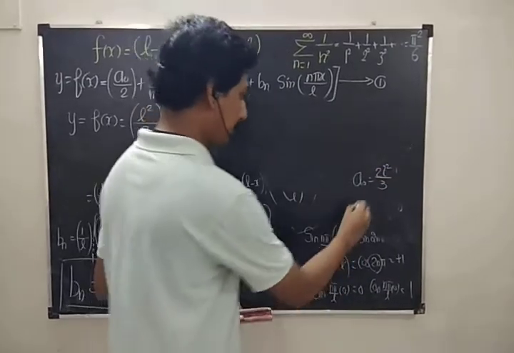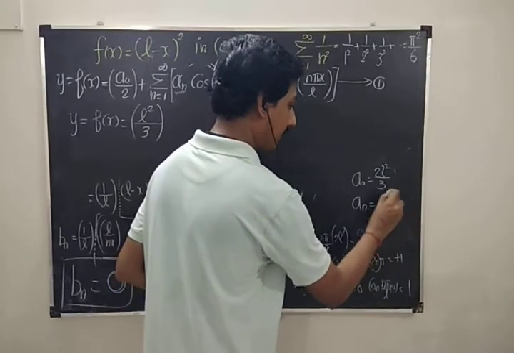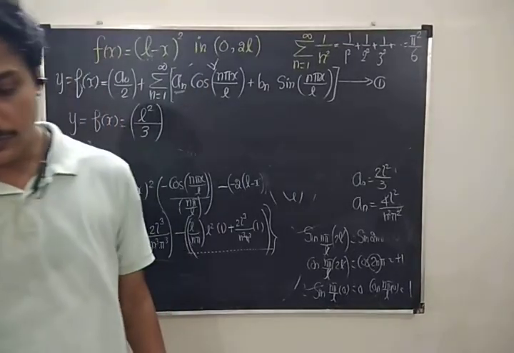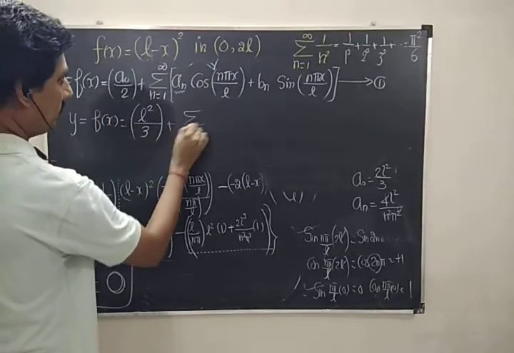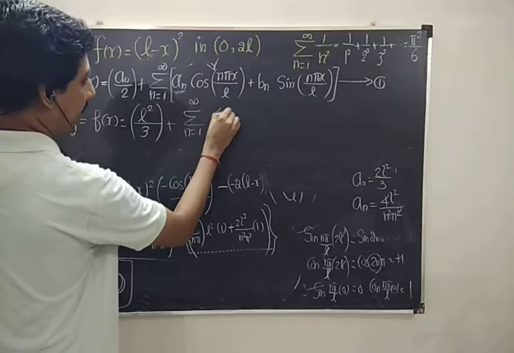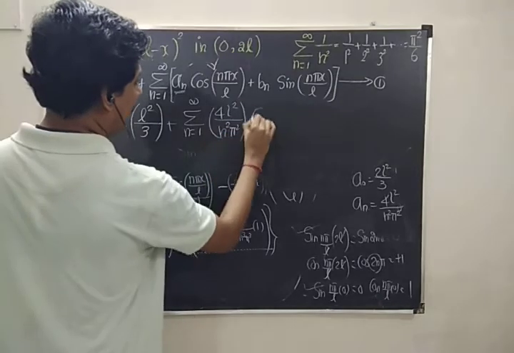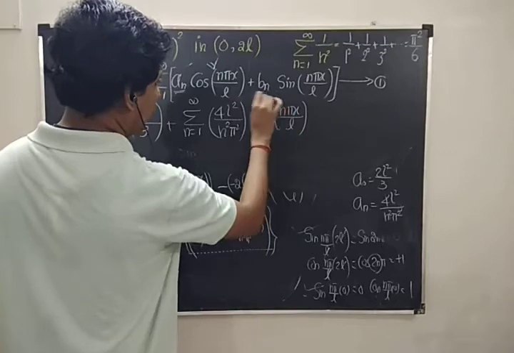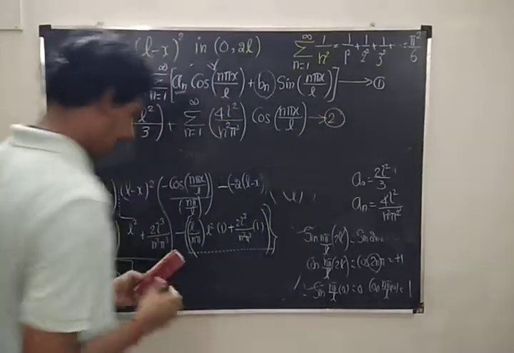An is 4L squared by n squared pi squared. Bn is 0. Clear? So now sigma n is equal to 1 to infinity, 4L squared by n squared pi squared into cos n pi x by L. What about Bn? 0. So just leave it. So this is my required Fourier series.